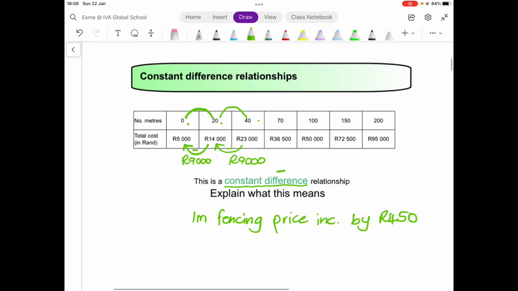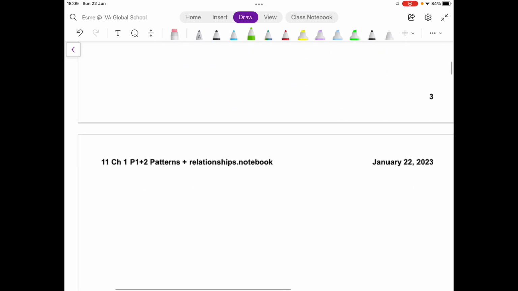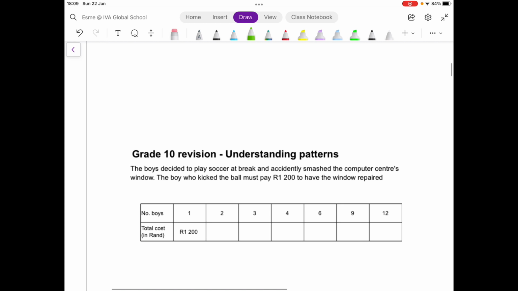And remember, our constant differences gave us straight line graphs. So a graph like that showed a constant difference, but this graph has a base fee of 5,000 Rand, which is the cost of the gate, and then it is going to increase by 450 Rand per meter, which will make a straight line. Remember, you must do your graphs using a ruler. That is a constant difference graph.